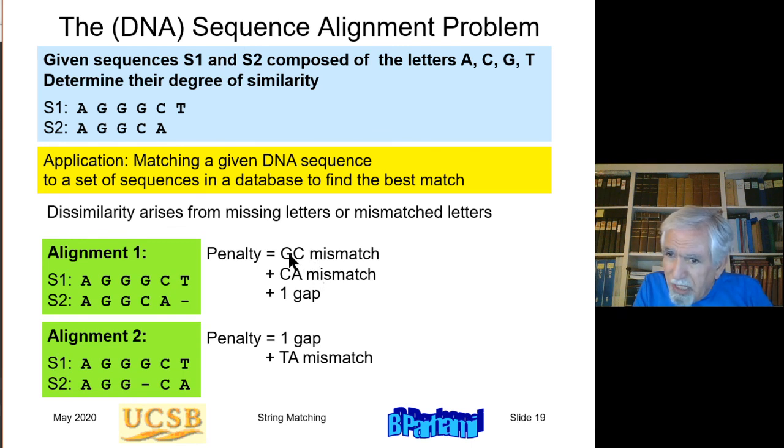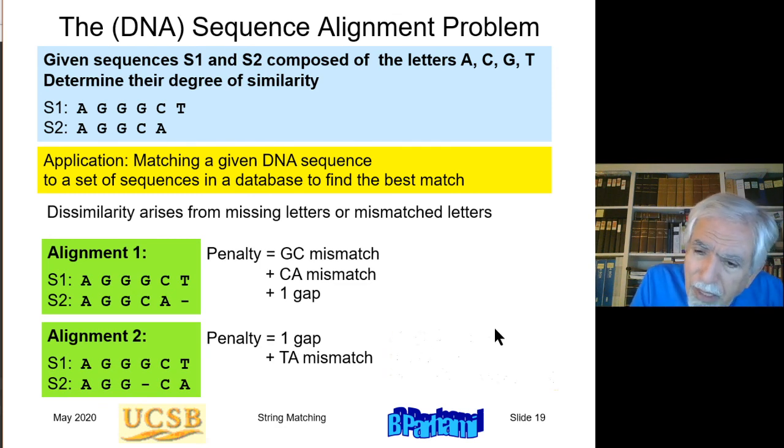And of course, I can assign different weights or importance to various mismatches. So if all mismatches are the same, then this is definitely a better alignment because it has one mismatch versus two mismatches. But if this mismatch is considered more important, then perhaps this. If this mismatch has weight 2, but each of these have weight 1, then the two solutions are the same.